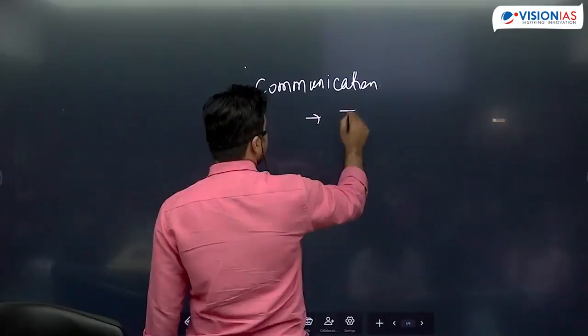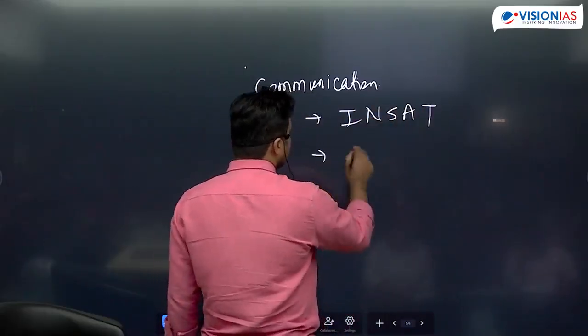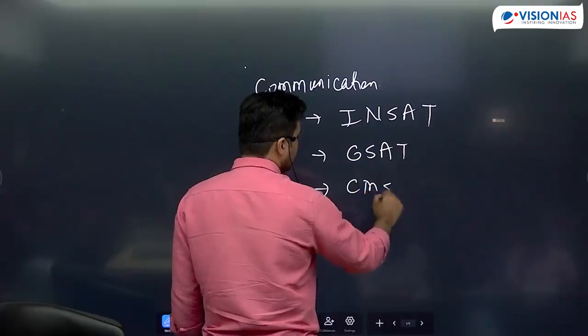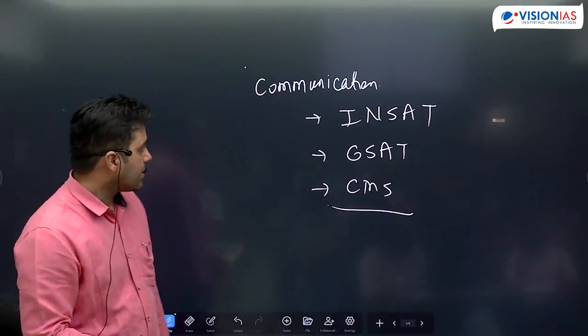And we have used this name INSAT for the earliest satellite programs. We changed the nomenclature to GSAT, geosynchronous satellite. And now we are calling it CMS. CMS is shortcut of communication.